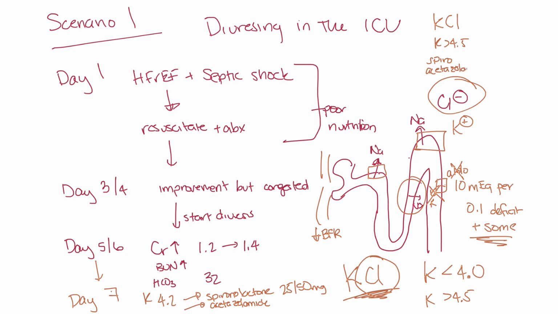Now I will say, once the metabolic alkalosis has been created, spironolactone does not correct the metabolic alkalosis, but it does help prevent.